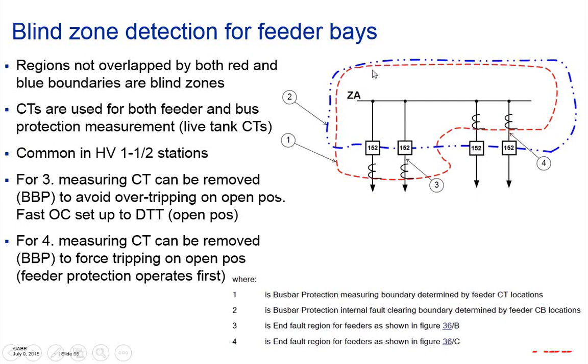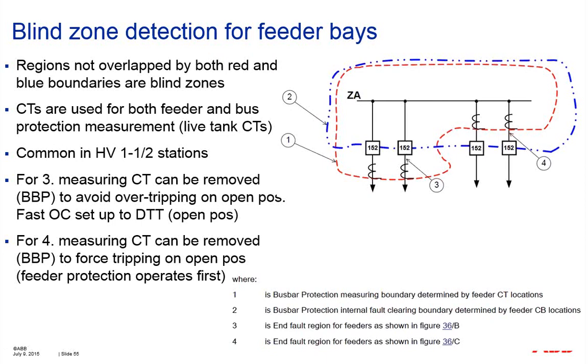Now we see this red line and the blue line. What are they? The red line enclosed by the CTs we call the measuring zone, or measuring boundary. The blue line enclosed by the breakers we call the protection or tripping boundary, the clearing boundary, if you like.